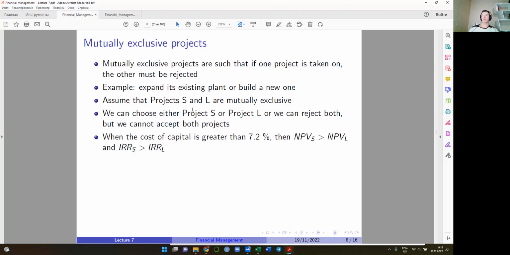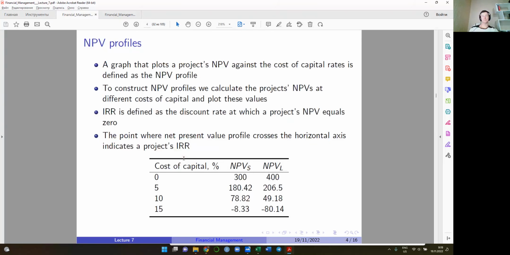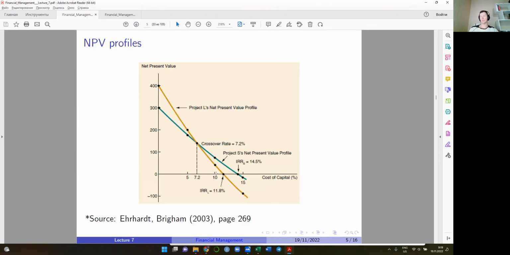Then the situation becomes interesting, because if the cost of capital is greater than 7.2%, then NPV of S is greater than NPV of L, and IRR of S is greater than IRR of L. So if the cost of capital is, for example, 10%, NPV of S is greater, it's 80 something.